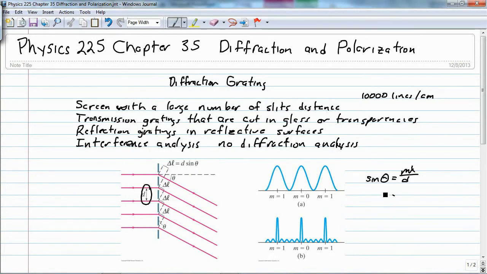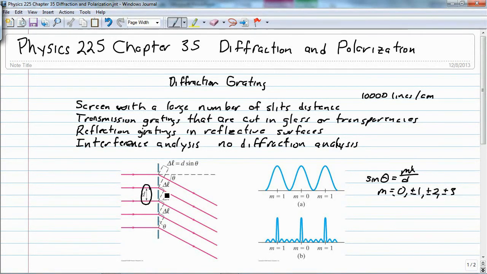And here we have, again, m equals 0, plus or minus 1, plus or minus 2, plus or minus 3. This is for all of the constructive interferences.